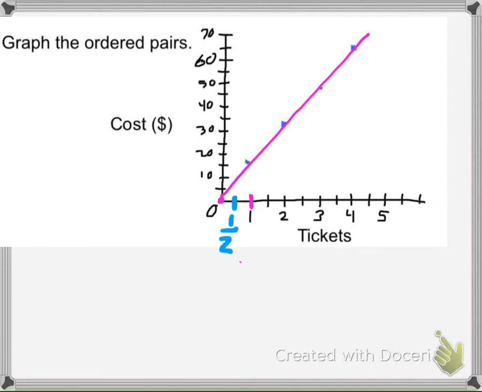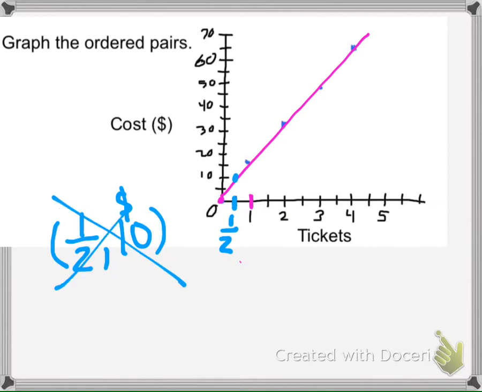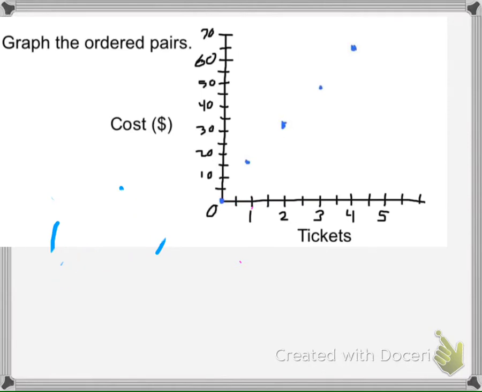So if I connect them, then I'm saying that there's a point at half and then 10. So a half of a ticket costs $10? That's not possible. So we don't want to connect the points because we don't want to include the stuff that's in between these intervals here.